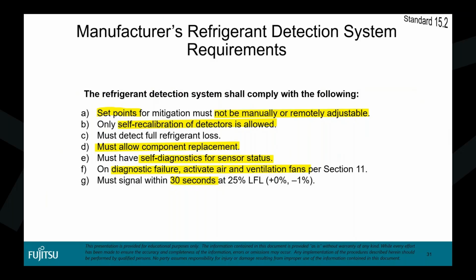We'll probably replace the whole unit, but there is a sensing element that you could replace. It must have self-diagnostics. And if that self-diagnostic fails, you need to start air and ventilation fans. It's described in there also. And there has to be a delay of no more than 30 seconds before that happens. So that's what the detection system has to comply with.